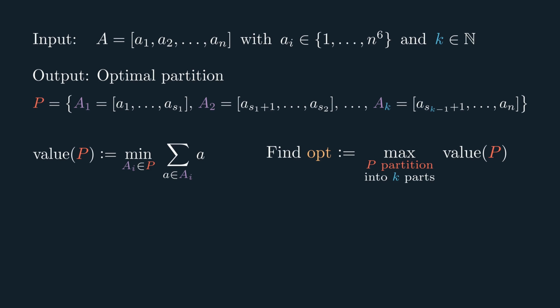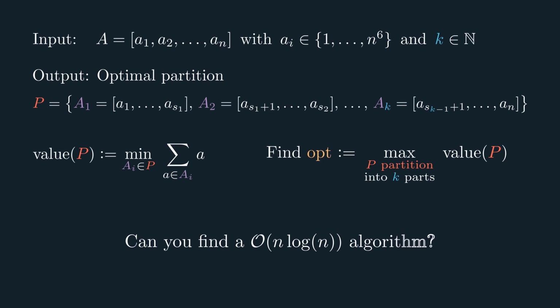That's just a reformulation of our original necklace problem, where the gems have been replaced with integers. But before we continue, I would like to give you a moment to pause the video and try solving it yourself. Your goal should be to design an algorithm that runs in time O of n log n, where n is the length of the input array A.